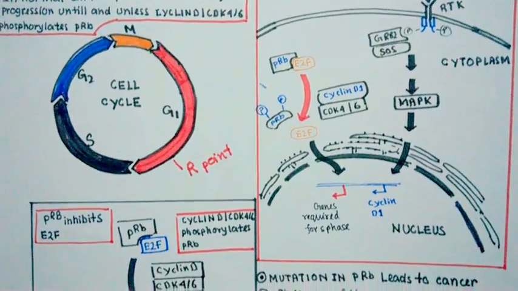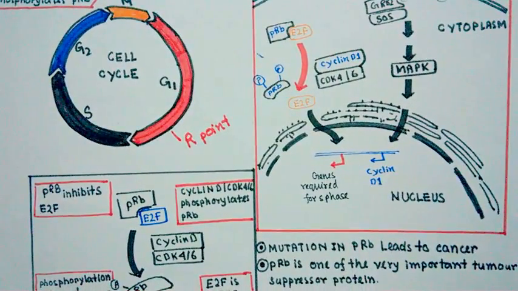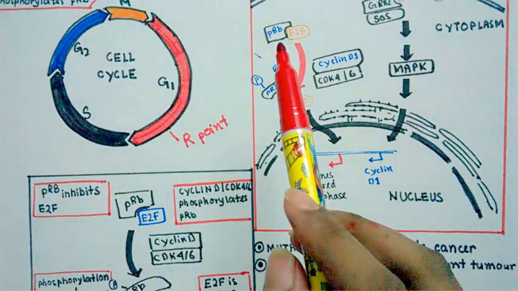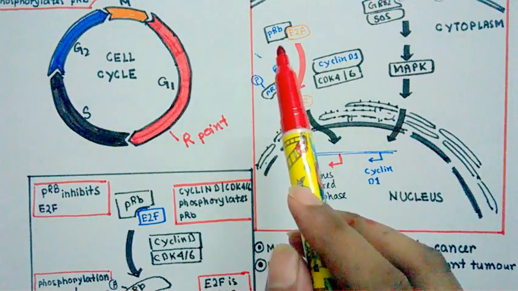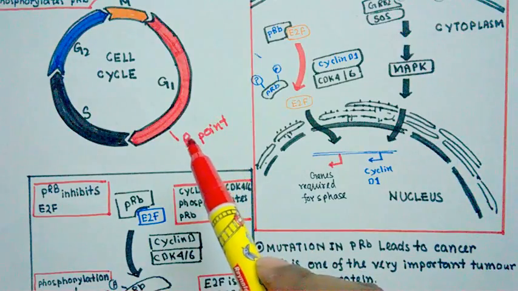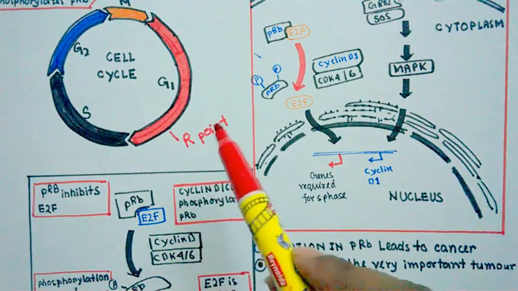Now if there is a mutation in pRB, it may lead to cancer, because pRB's main function is to hold the cell cycle progression before the cell reaches the restriction point.